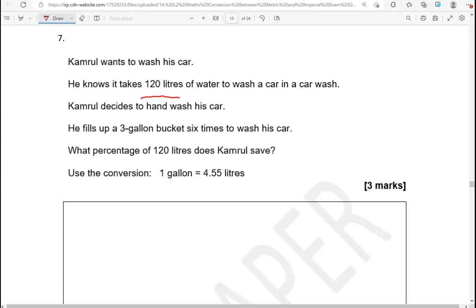So he fills up a 3-gallon bucket 6 times to wash his car. So 3 times 6, that is 18 gallons. 1 gallon is 4.55 litres. What about 18 gallons?